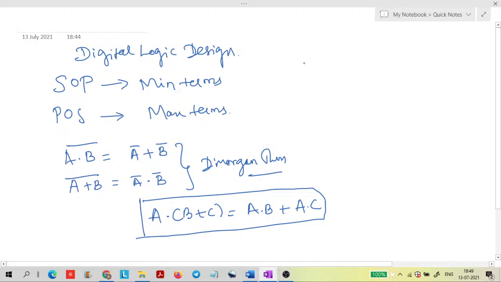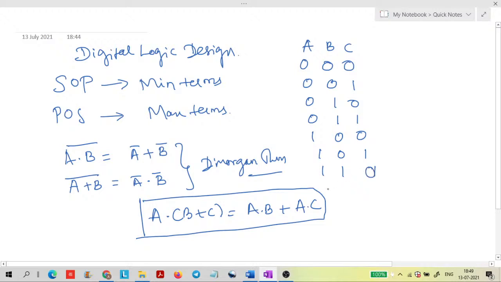For example, 3 variables are there: A, B, C, with rows 0, 1, 2, 3, 4, 5, 6 and 7. Here we can prove it. What is the first term?